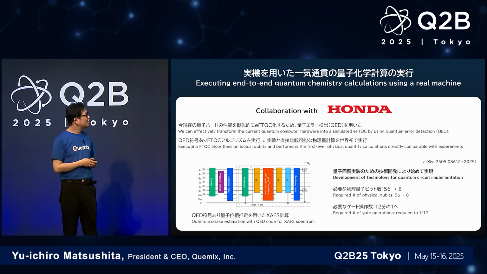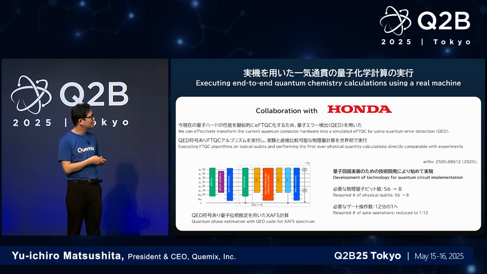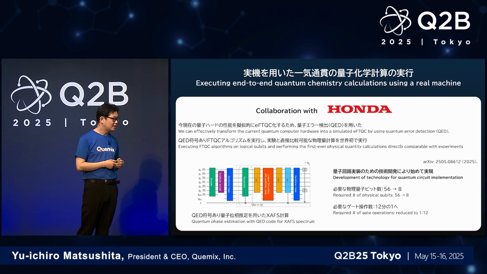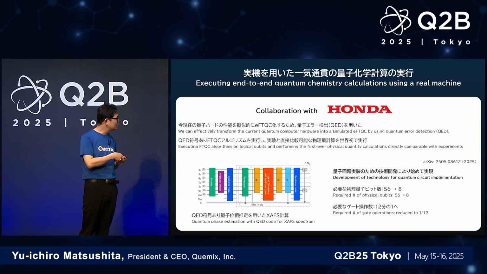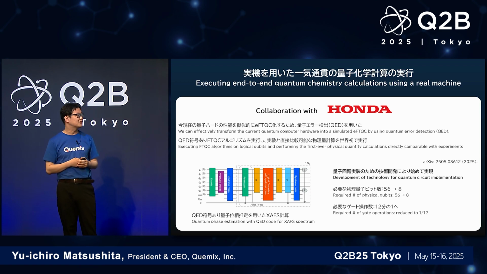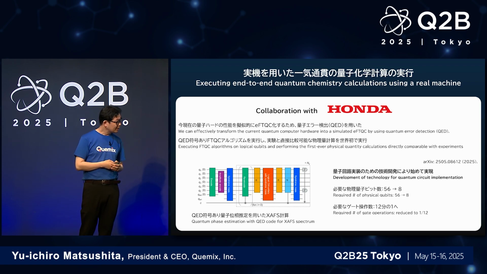We actually use quantum error detection to realize this PITE, which we talked about, which is the FTQC algorithm. And we were able to perform the first ever physical quantity calculation directly. We conducted the XAFS spectrum calculation.